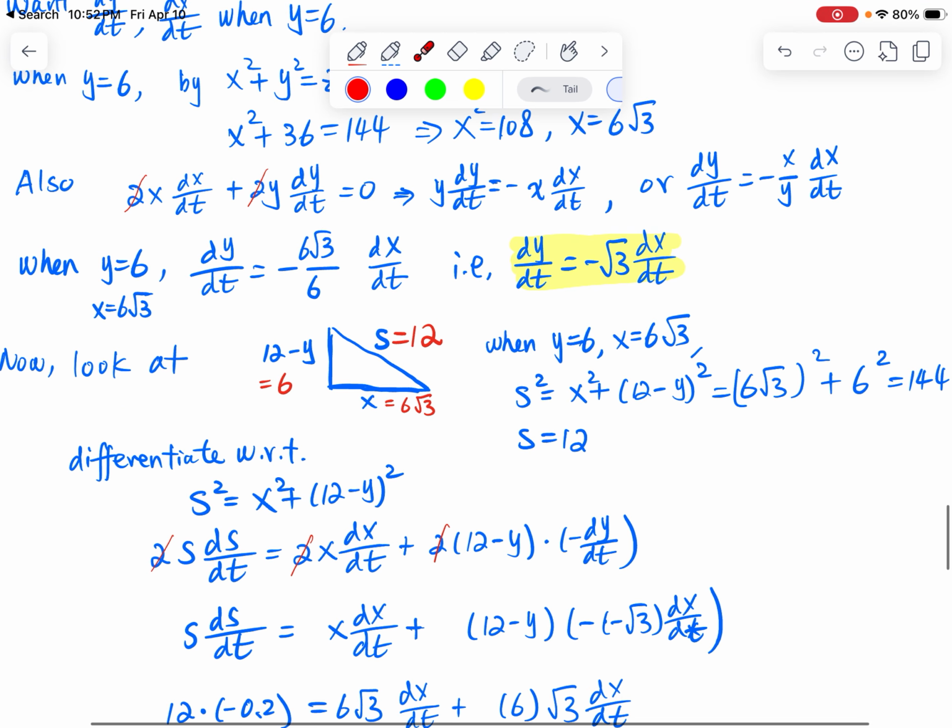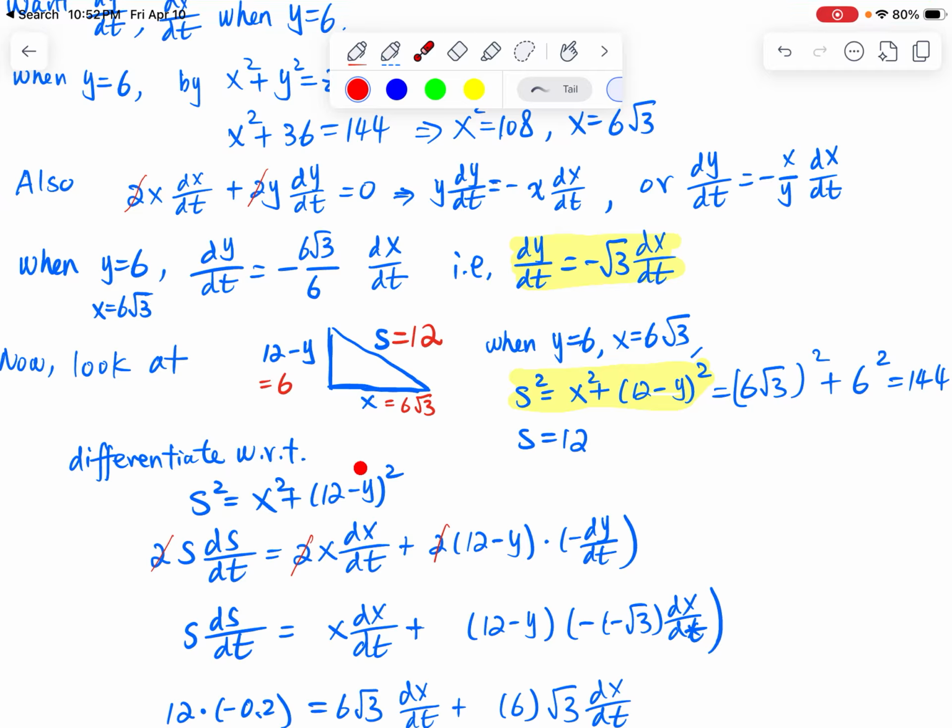Now, time for us to differentiate this equation with respect to time t. So the derivative of s squared using the chain rule, 2s ds/dt. Derivative of x squared will be 2x dx/dt.